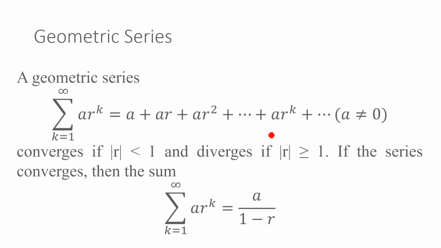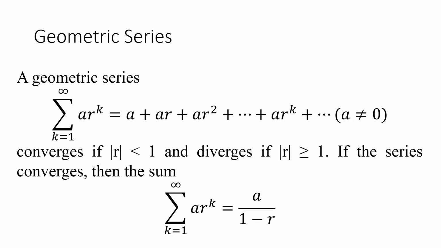Now, the geometric series. In a geometric series, the summation of a r raised to k, from k equals 0 to positive infinity, is equal to a plus ar plus ar squared and so on, up to ar raised to k, where a is not equal to 0.